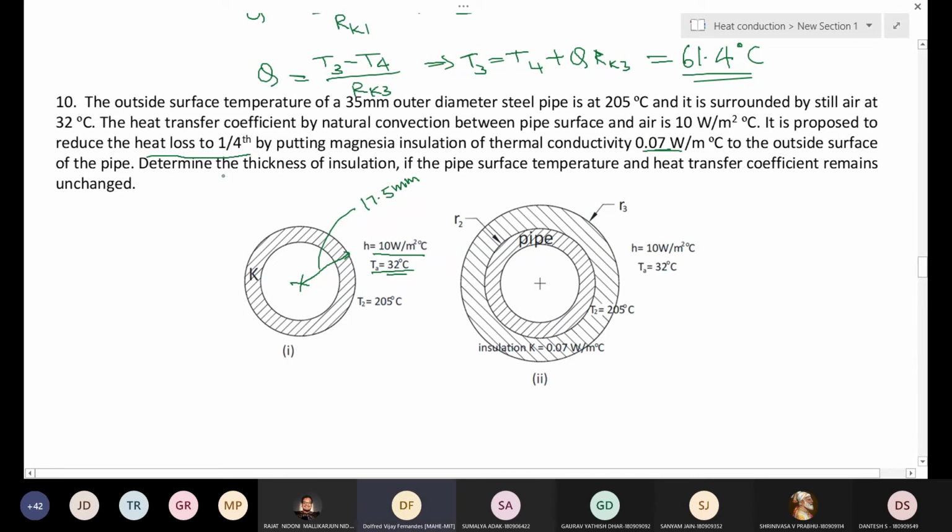Now determine the thickness of insulation if the pipe surface temperature and heat transfer coefficient remain unchanged.